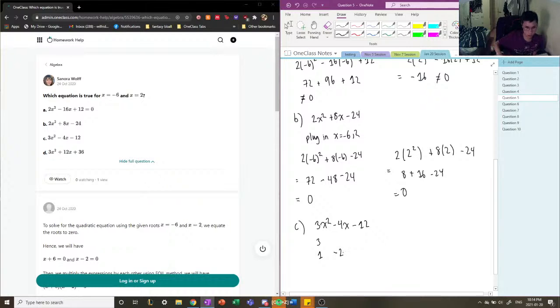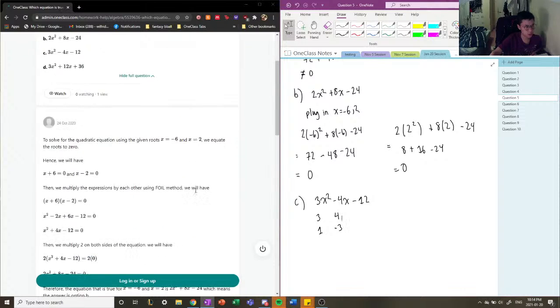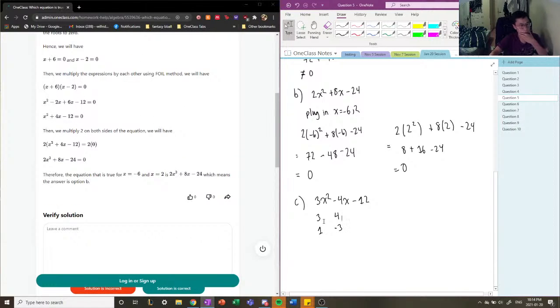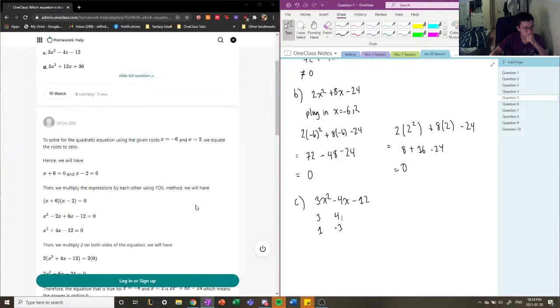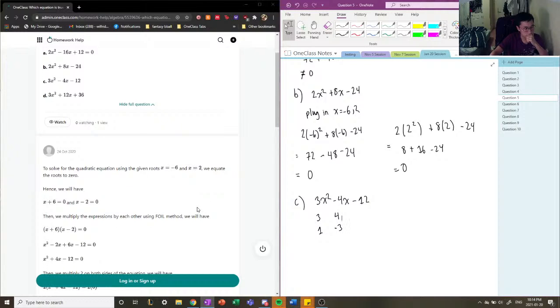No, that's not going to work. Use 3 and 4, maybe? I don't think this is factorable using the cross multiplication method. I don't believe it is.